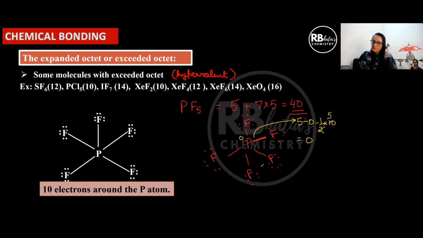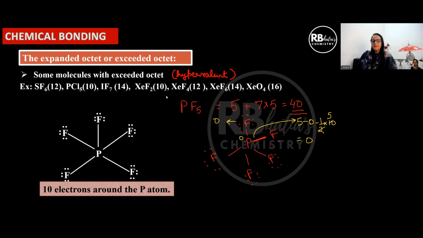What is the formal charge on each fluorine? You can calculate, you'll get this also as 0. And PF5 is a neutral molecule. We can justify it using the Lewis-Strauss structure as well. 5 valence, no unshared pair, so 0, and we can draw it this way. Okay, this is a hypervalent compound.